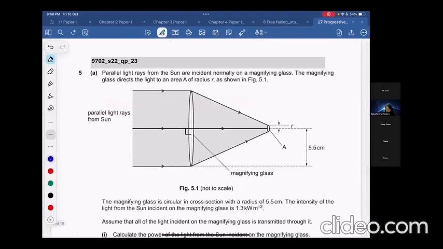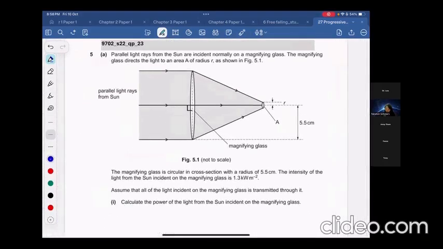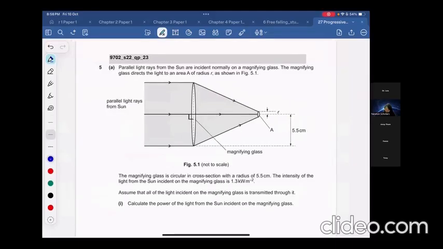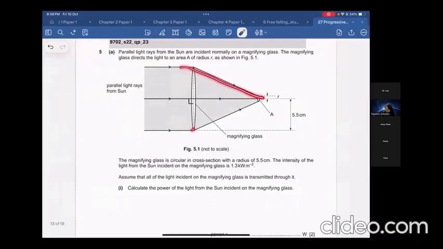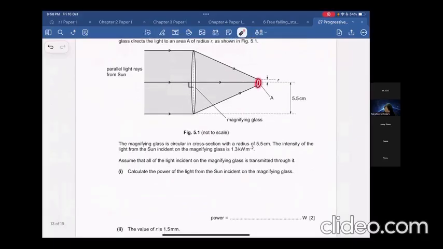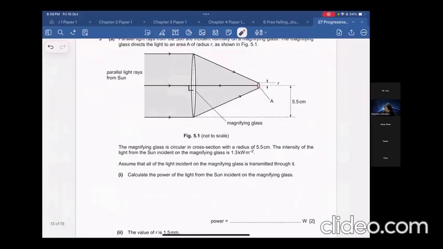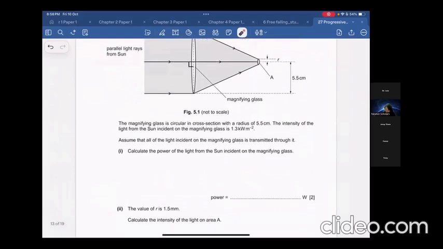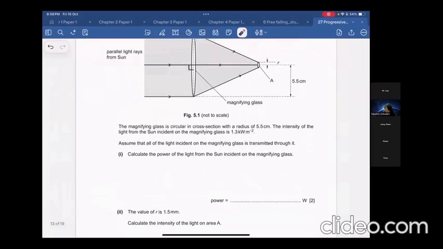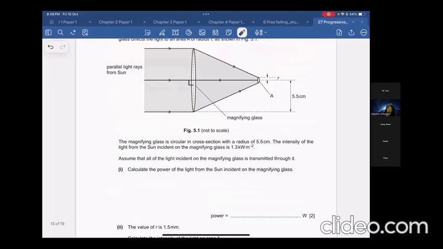Next. Parallel light rays from the sun are incident normally on the magnifying glass. This one at the center here is the magnifying glass. The magnifying glass will help us direct the light to an area. This is the area of radius r. The magnifying glass is circular in cross section with a radius of 5.5.